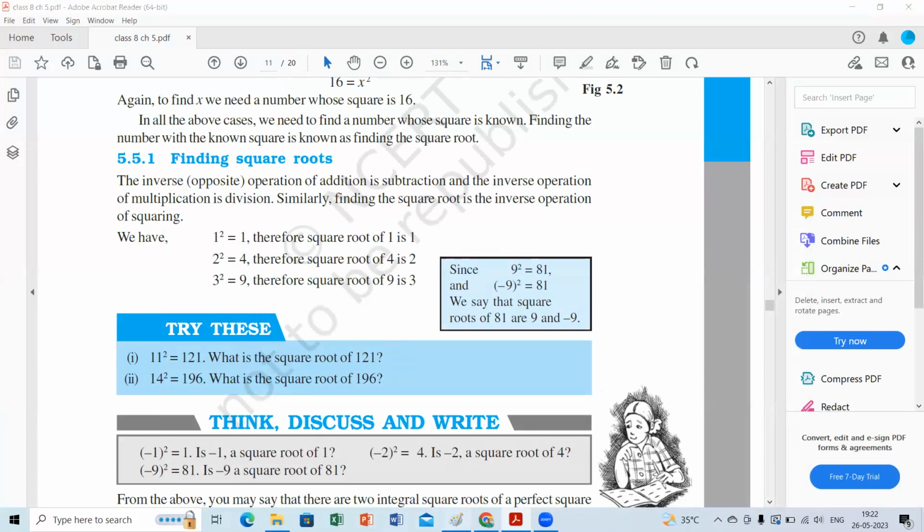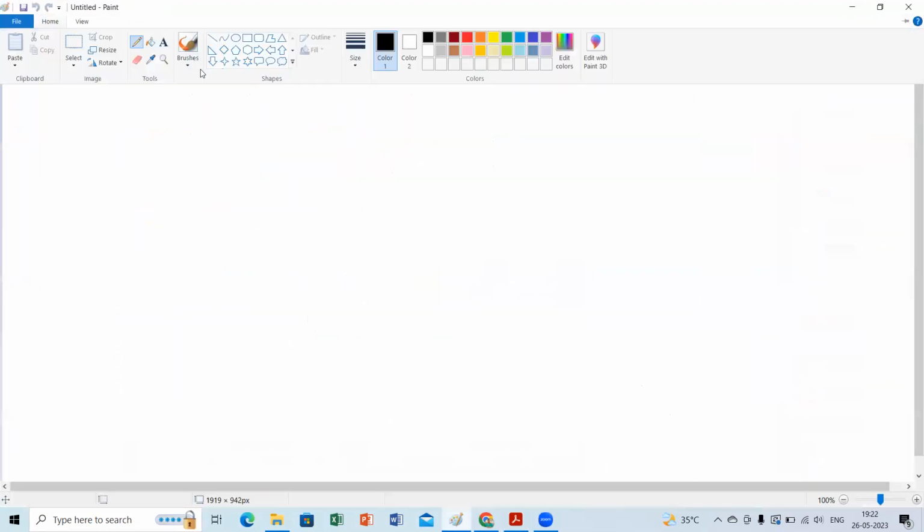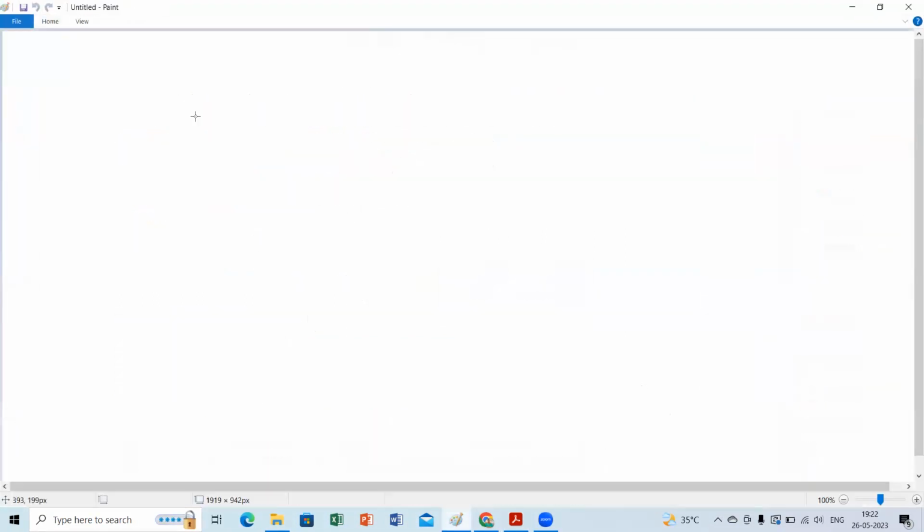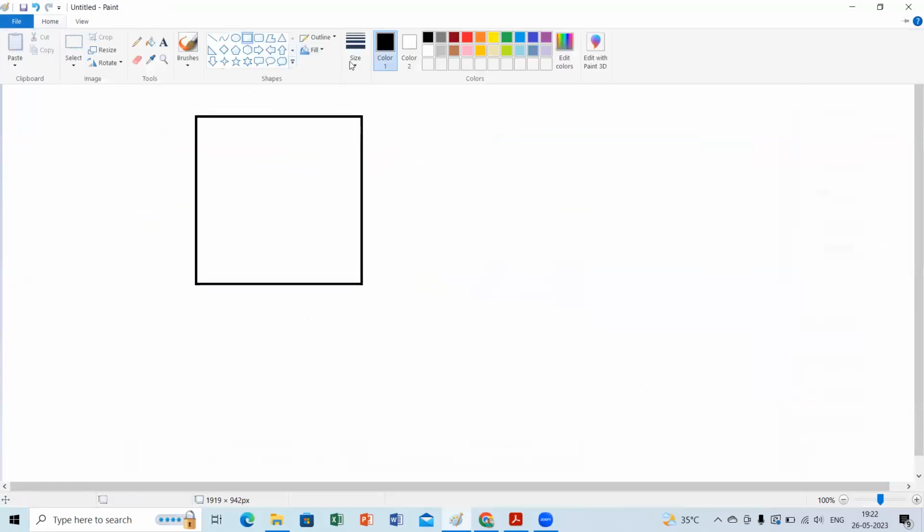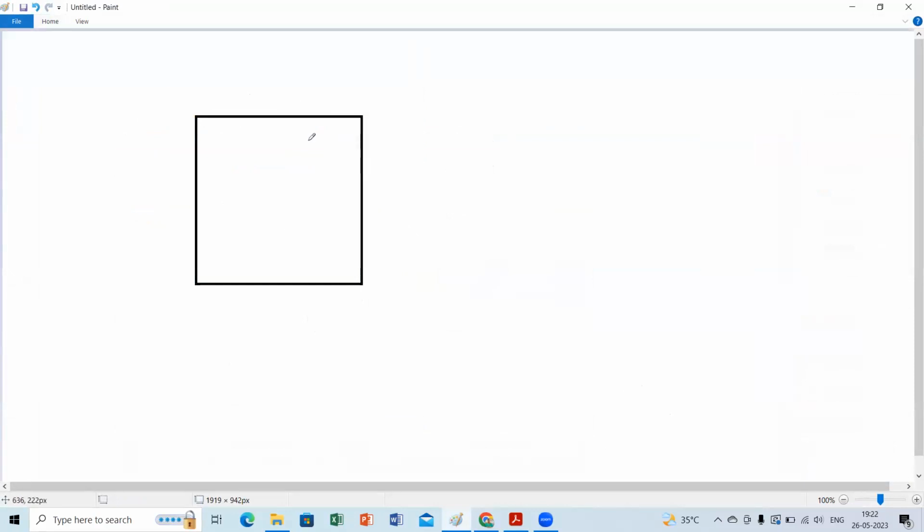Just take the same example. Suppose this is a square, and we are taking the area as, just a minute children, area is 144 square units, right?